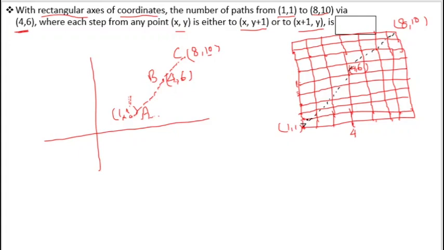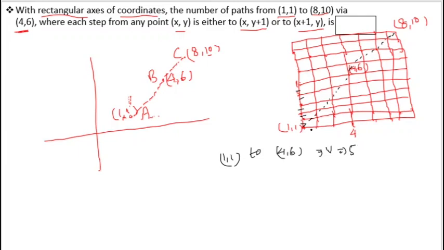The vertical paths are 1, 2, 3, 4 and 5, and we'll reach this point, right? So the total vertical path is 5 from 1 comma 1 to 4 comma 6. Let's say one vertical path is represented by V, so there are 5 V's, right?